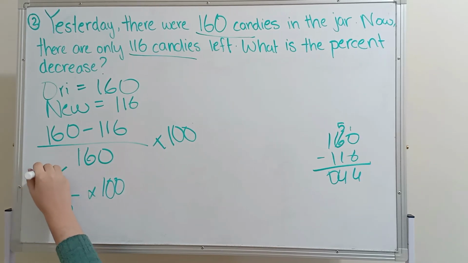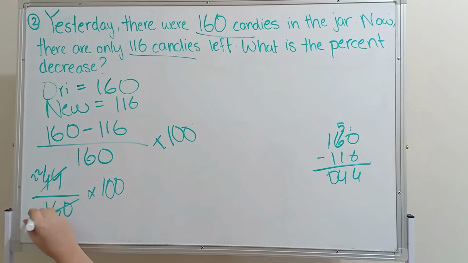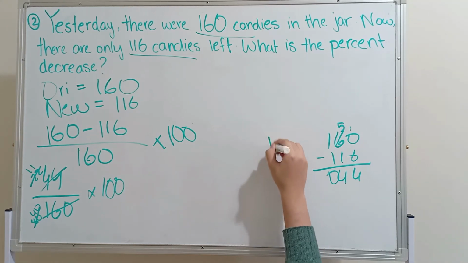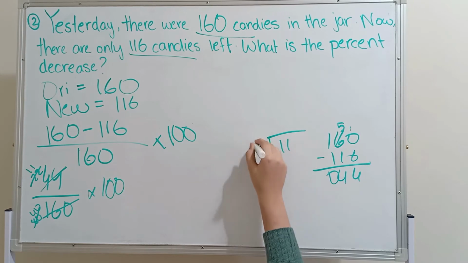So 22, 80, and 11 to 40. Okay, so now what we can do is we can't simplify this anymore, so let's just quickly divide 11 by 40.